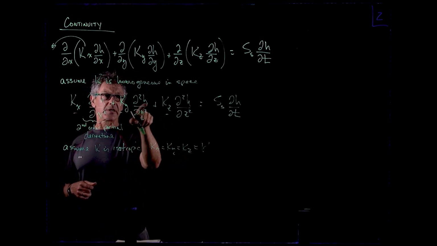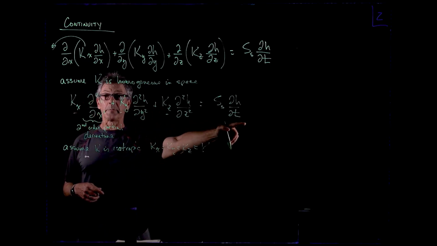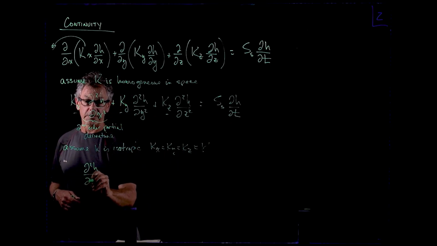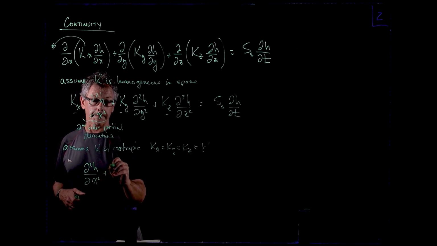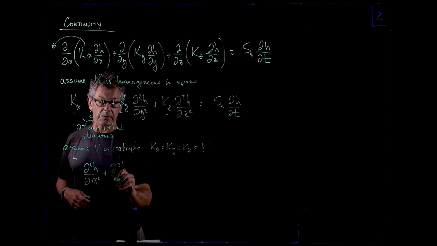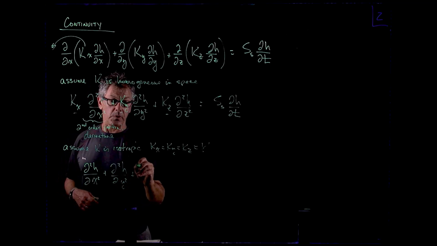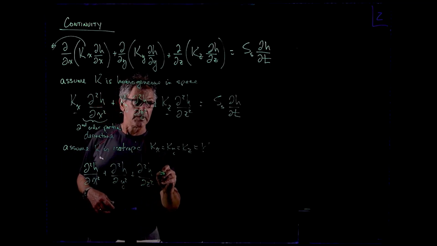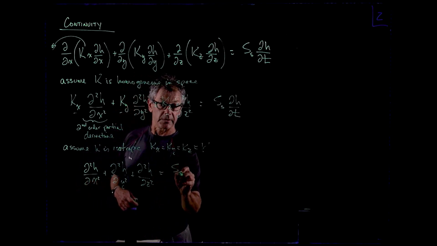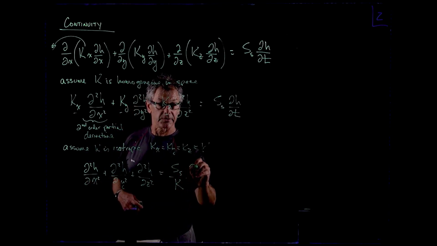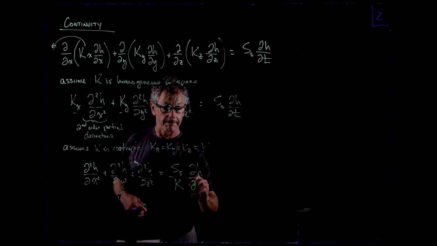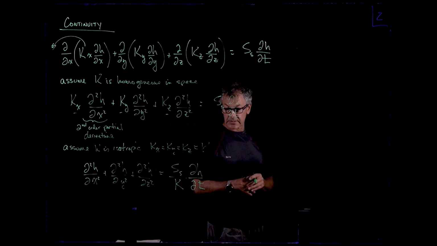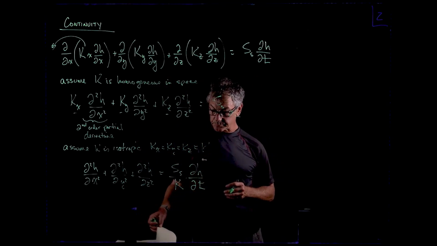If this is K, this is K, this is K, we can divide through by K, and we simply end up with all these derivatives on the left in those three directions, the x and the y and the z direction. Still have the second order derivative, but now we're bringing the hydraulic conductivity onto the right-hand side, and we've grouped it. So now you can see we've got something that's a little bit simpler.